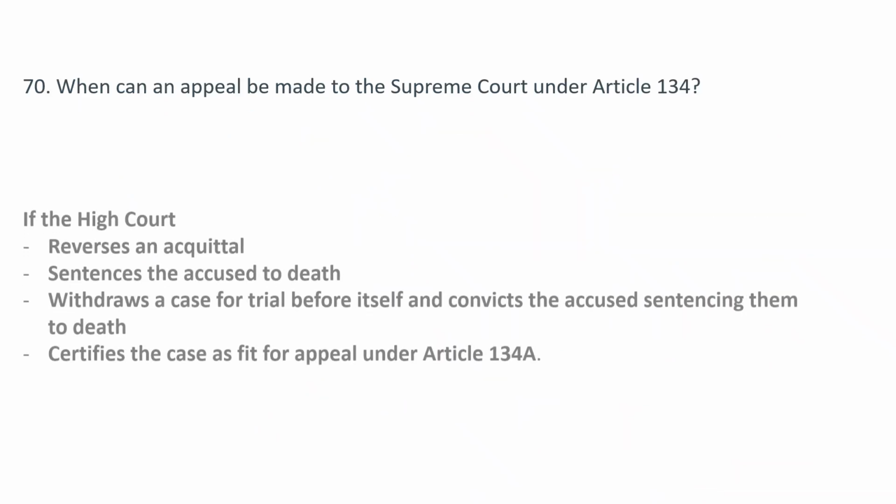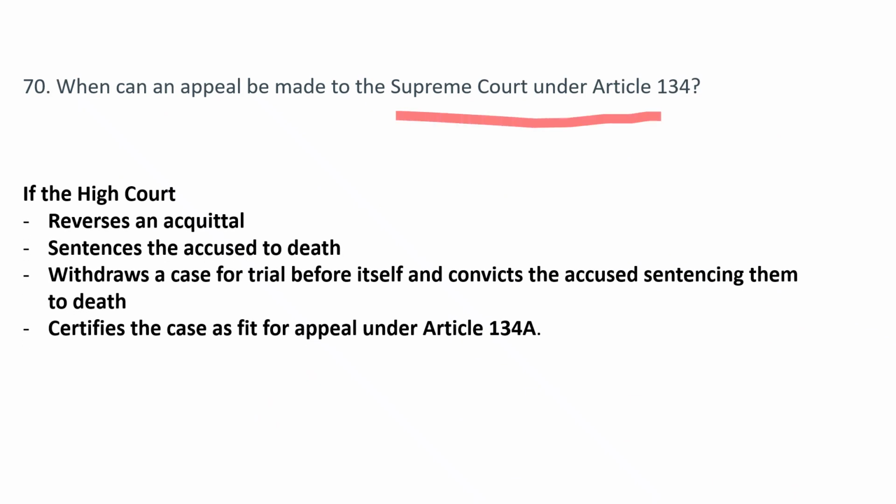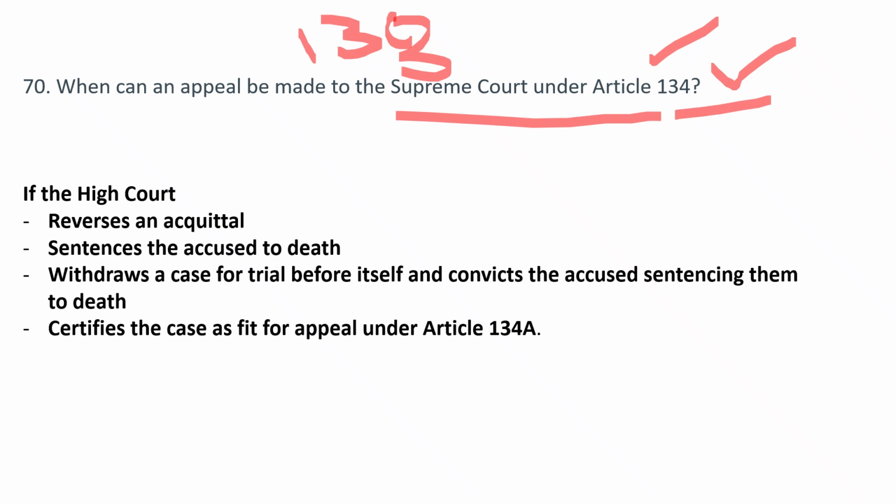When can an appeal be made to the Supreme Court under Article 134? Okay, under Article 134, an appeal can be made to the Supreme Court in criminal cases. Under Article 133, it is about civil cases. So 134 is for criminal cases, 133 is for civil cases.